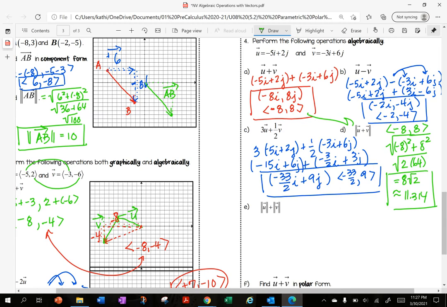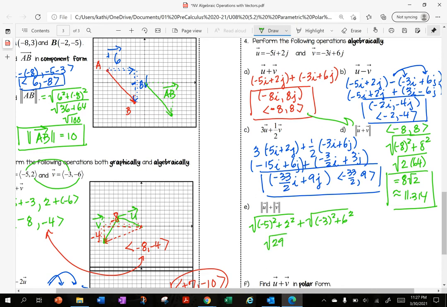So if I want to find the magnitude of vector u plus the magnitude of vector v, these I would add separately. So the magnitude of vector u, using the Pythagorean theorem, is negative 5 quantity squared plus 2 squared, plus vector v is negative 3 quantity squared plus 6 squared. 5 times 5 is 25, plus 2 squared is 4.